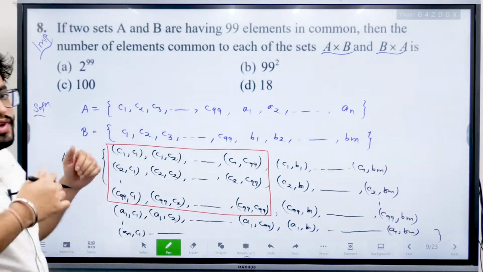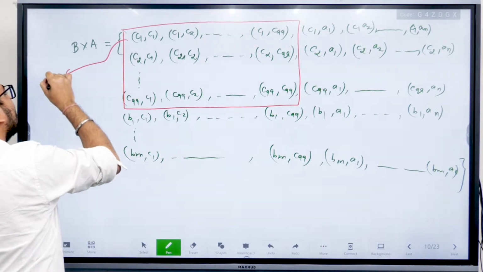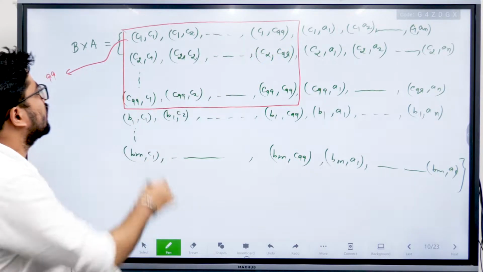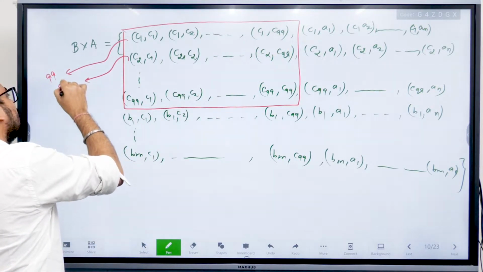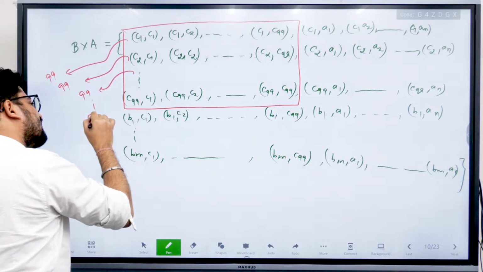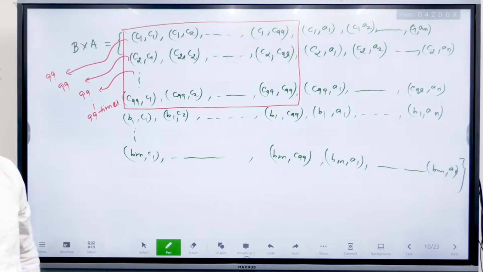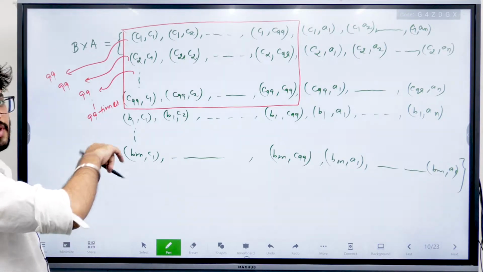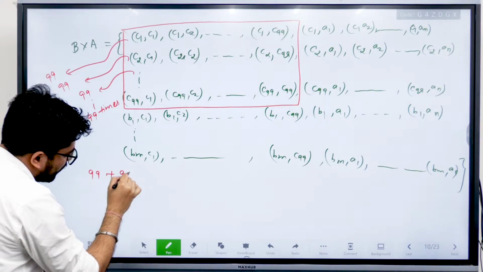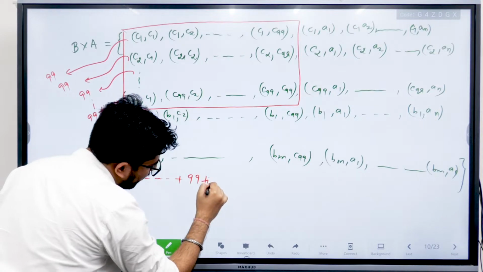So how many elements do we have now? We have 99 elements here, 1, 2, 3, 4 till 99. Again we have 99 elements here. Similarly here. So how many times do we have 99 elements? 99 times. So the number of elements common in A cross B and B cross A are 99 plus 99 plus 99, 99 times.